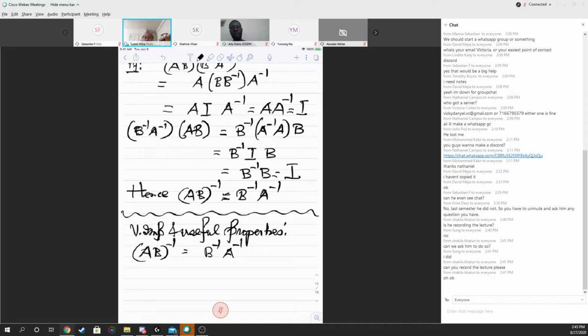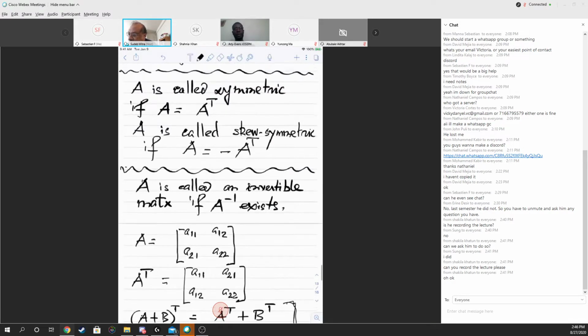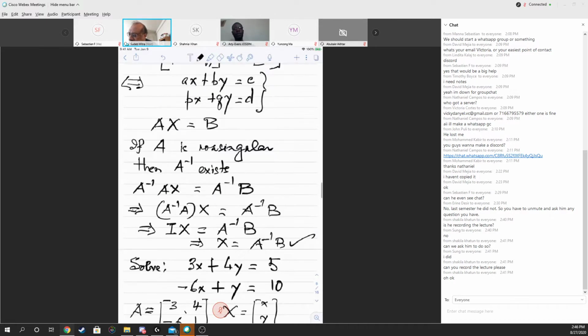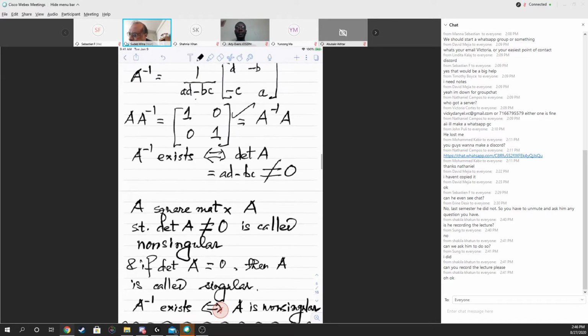That means if A and B are invertible, then their product AB is invertible, and AB inverse is B inverse A inverse. AB transpose is B transpose A transpose. Here, another point, just a minute, please. This is obvious. I should have written it, but it's so obvious. A inverse inverse, what do you expect? That is A.